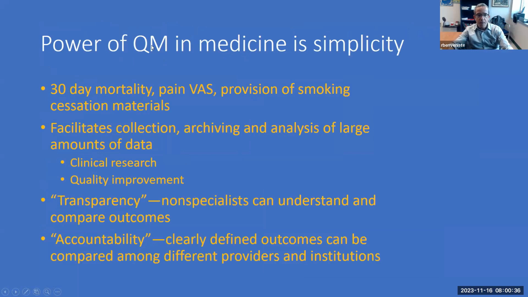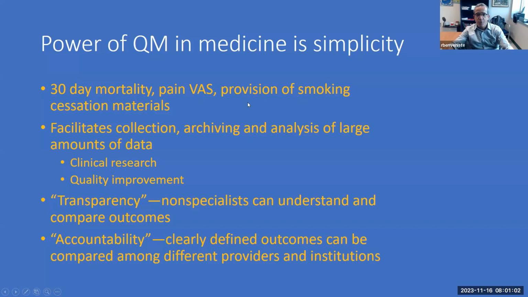So the good thing about quality metrics, which are simple, easy to measure variables that are believed to be surrogates for quality care, is that they're simple. Examples are 30-day mortality after, let's say, a particular surgical procedure, or the pain visual analog scale. There's a lot of ways to measure pain, but this is a simple number that's easy to record.